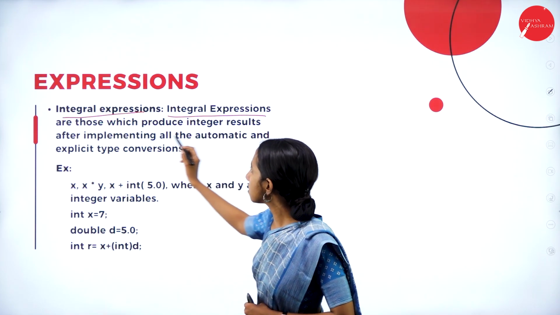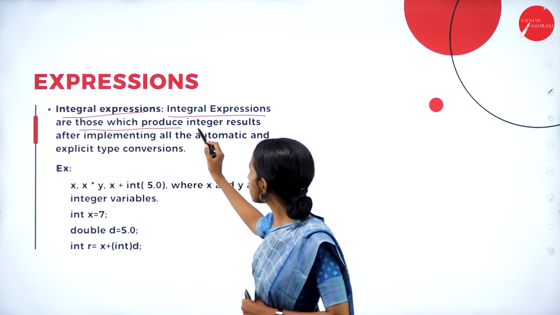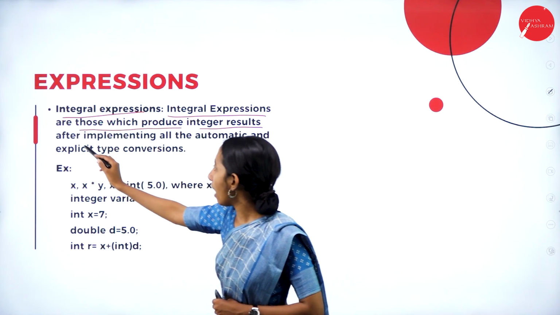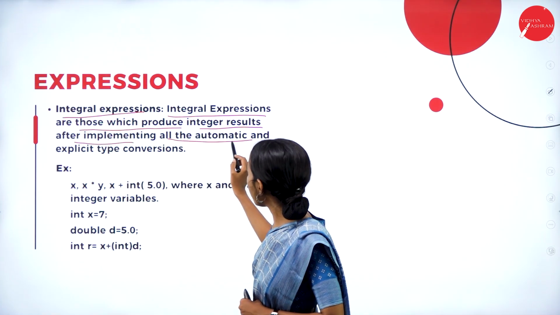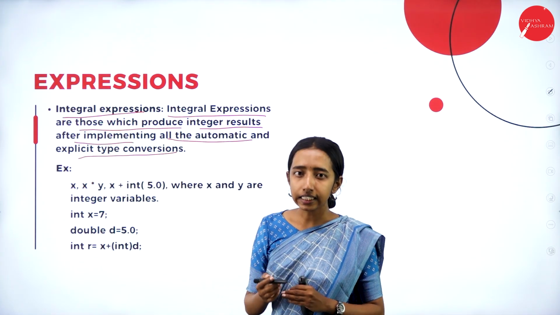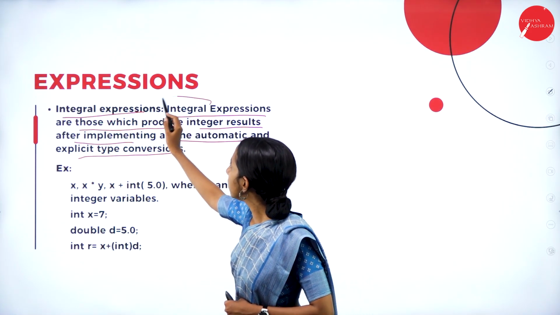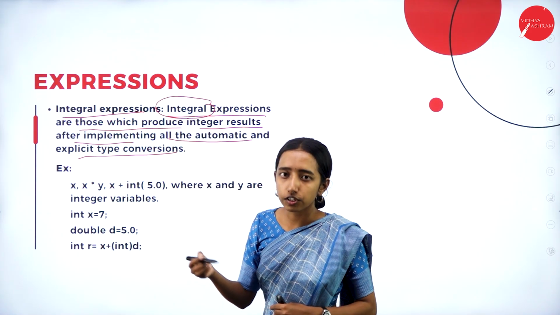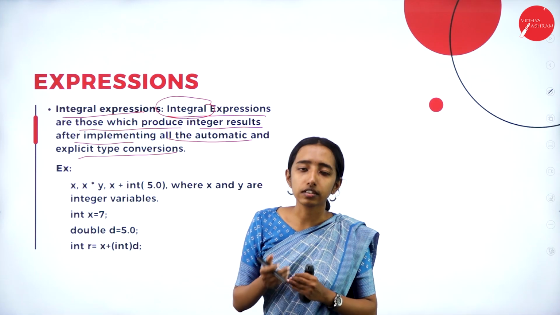Next we are having the integral expression. Integral expressions are those which produce integer results after implementing all the automatic and explicit type conversion. Integral means it is an expression that gives the output as an integer.